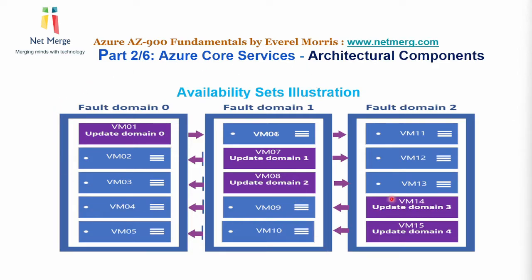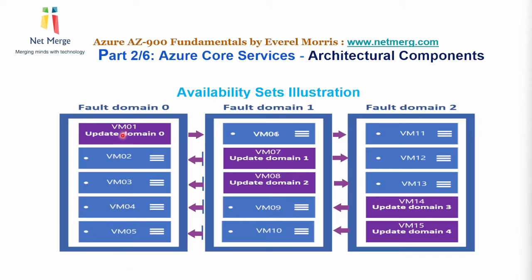So this should help you understand what an availability set is. There's one more point I want to mention. If you have a 6th machine in one of these racks, say rack number 0, that machine would default to update domain number 1, and that will take care of 6.